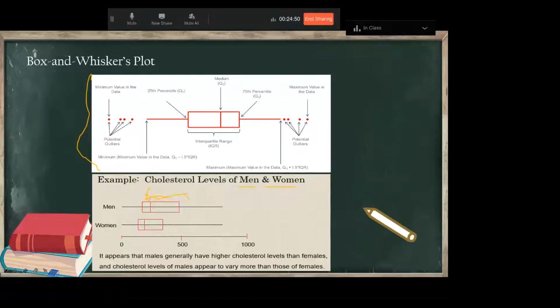And it's positively skewed. So the distribution of the male should be like this, with this one as Q2, if I take it right.